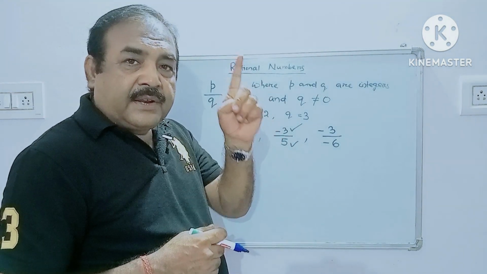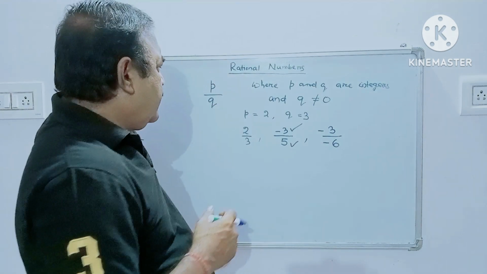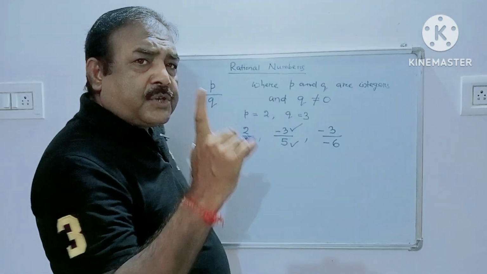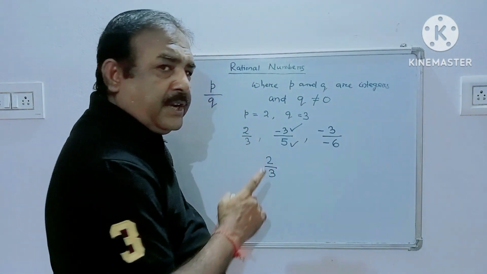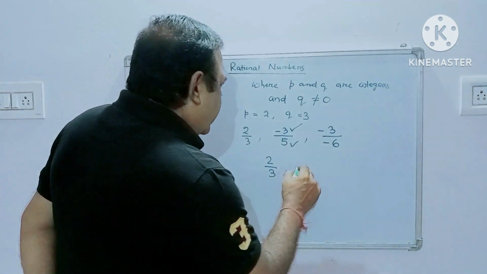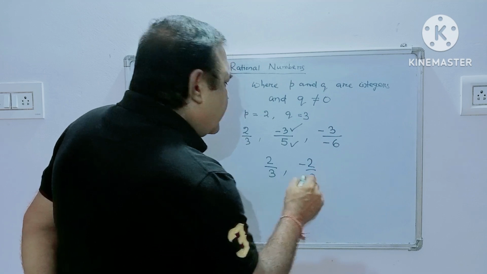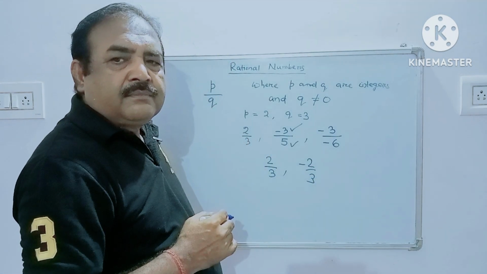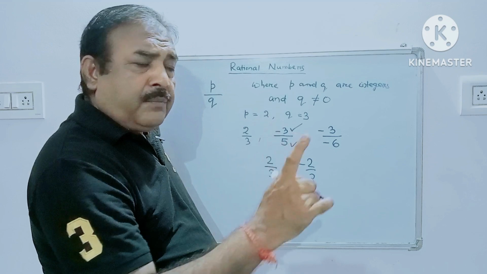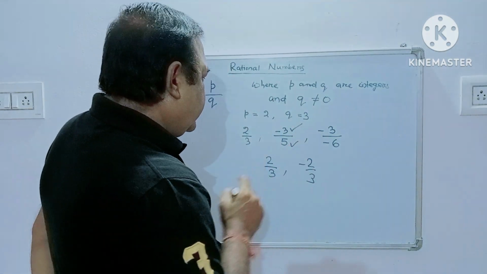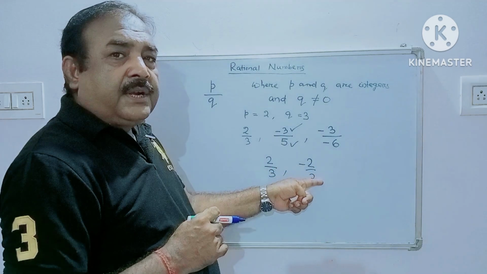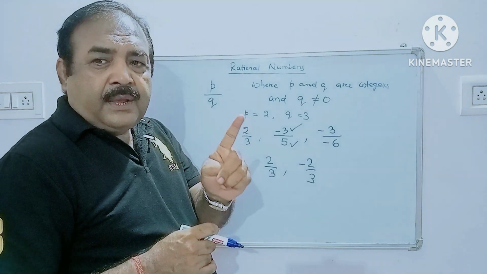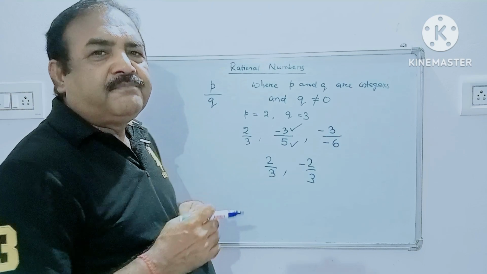called rational numbers. But can you tell me, already you have studied about fraction. 2 upon 3, you can call it a fraction. Can you tell minus 2 upon 3 is a fraction? No. So, for a number to be fraction, you see, both the numerator and the denominator should be a whole number.